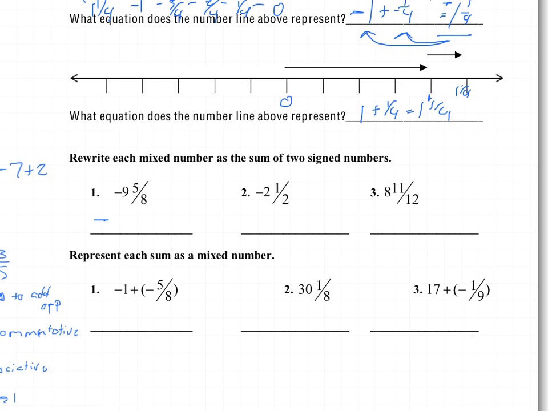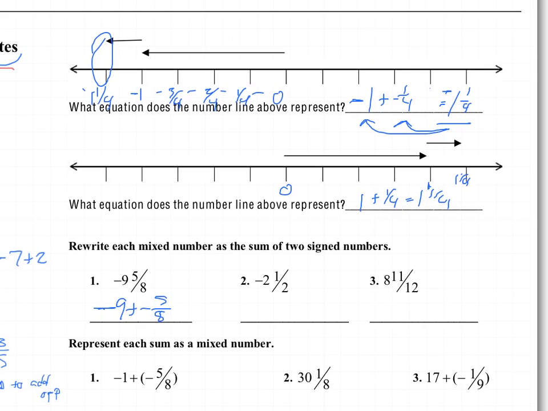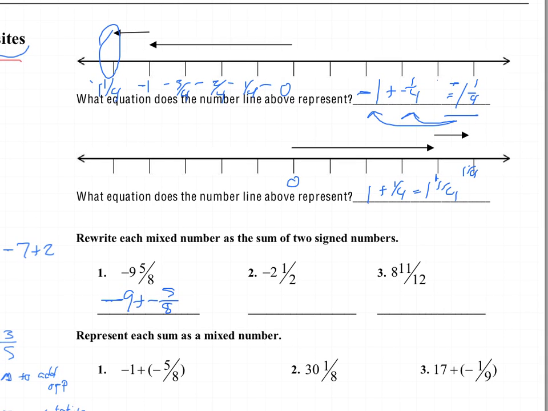So this could be rewritten as the sum of negative 9 plus negative 5/8. Again, notice it's a negative 5/8 because we're going in the same direction here. They've got to be going in the same direction, because if we had a positive 5/8, that would have us cutting back into it, which is not what these sums are representing. Both parts are negative.